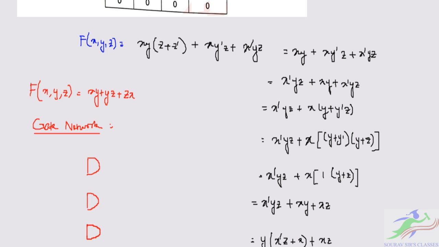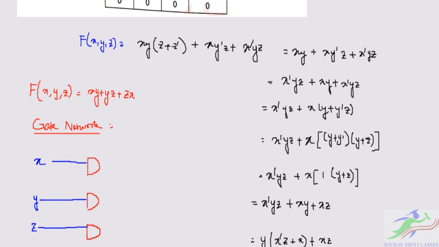Then we have the inputs: this is x, this is y, and this is z.